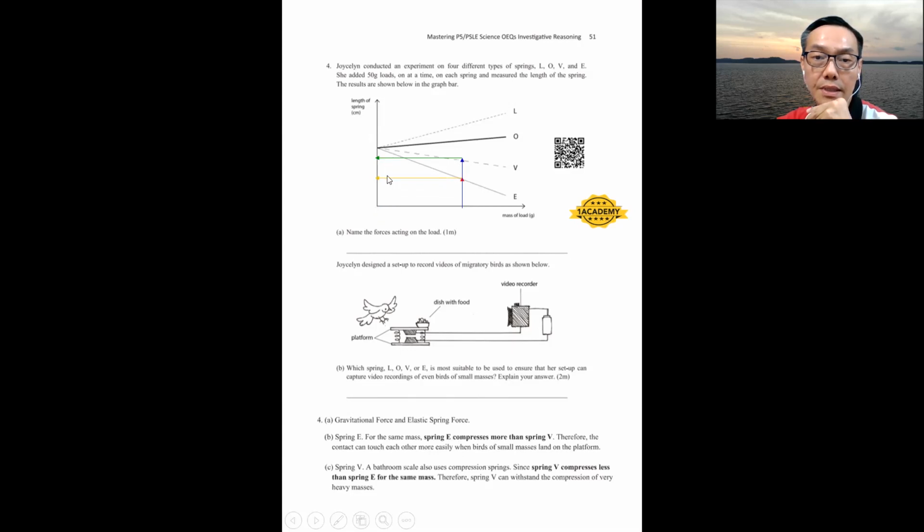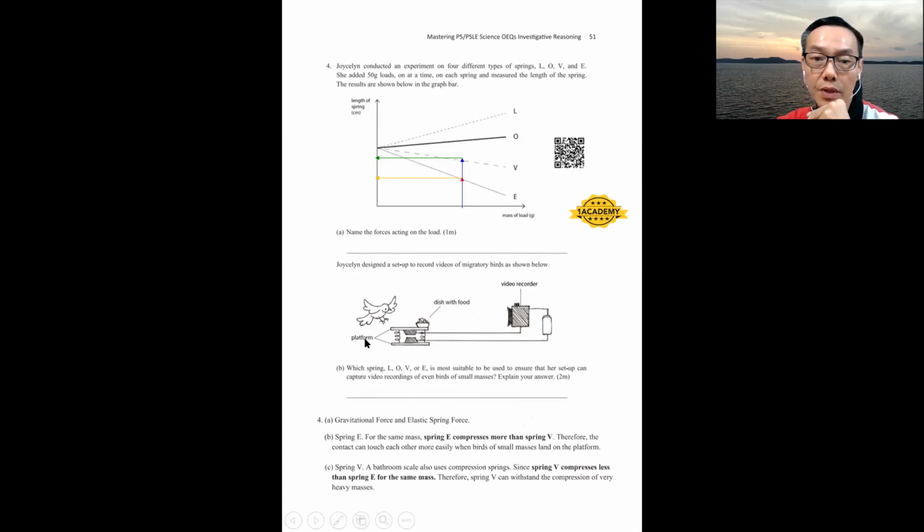And this is the length of the spring for the same mass when placed on spring E. If you compare the green arrowhead and the yellow arrowhead, you will notice that the yellow arrowhead records a smaller length. Hence, that's the answer: spring E compresses more than spring V.